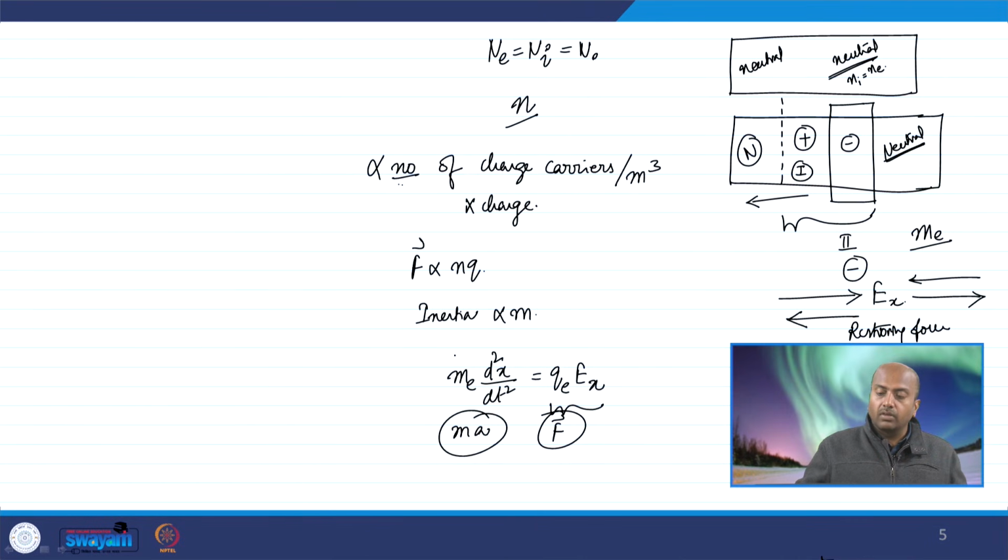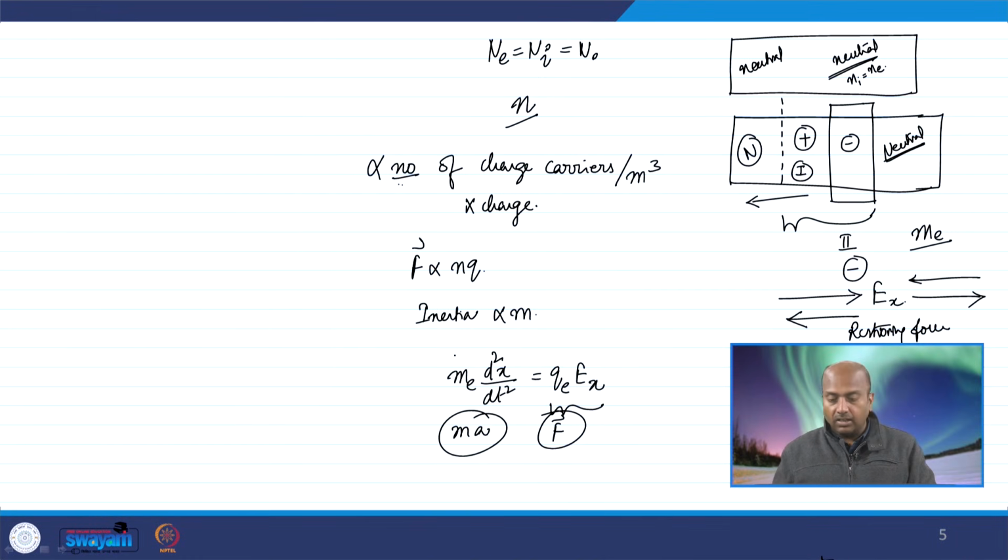A simple calculation tells us that the strength of these electric fields, or the force, is very, very large for a very small separation of charges over very small distances. So we constructed a simple thought experiment in which electrons are removed from one place to another, and the inertia combined with the electric field creates this back and forth movement of electrons, resulting in the plasma oscillations.